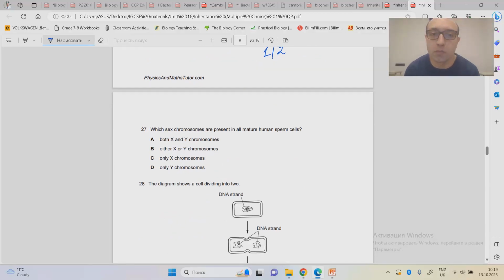Which sex chromosomes are present in all mature human cells? There's no information about whether it's male or female, so both X and Y, either X or Y, only X, only Y chromosome.